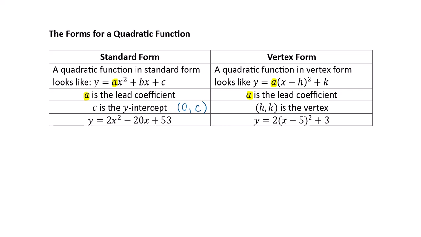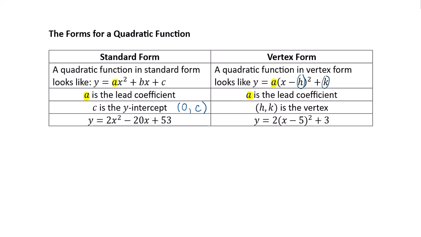(h, k) is going to be the vertex. Now we can't just look at this standard form equation and tell what the vertex is, but we definitely can look at the vertex form and see what the vertex is. So whatever number is here is the x part of the vertex.